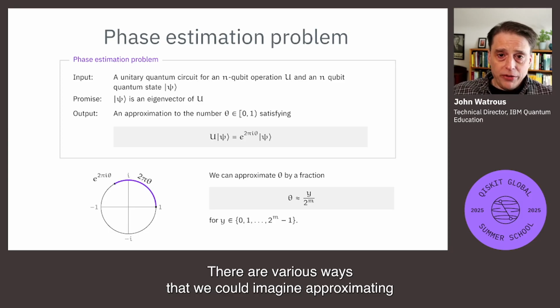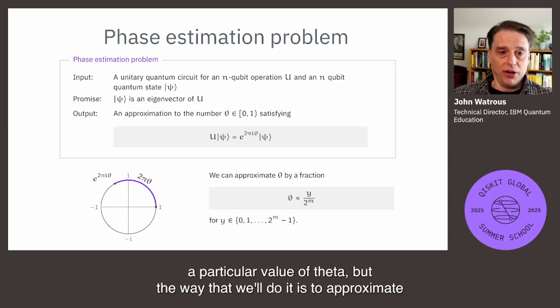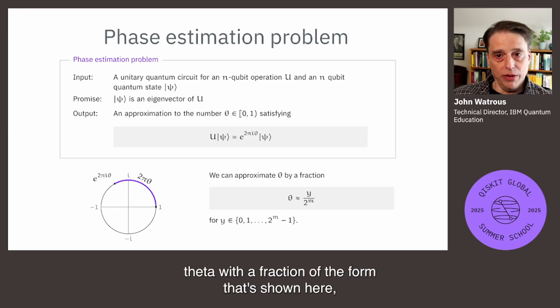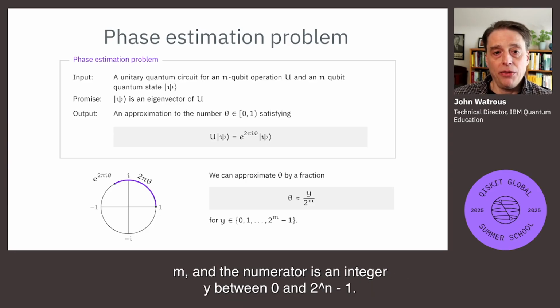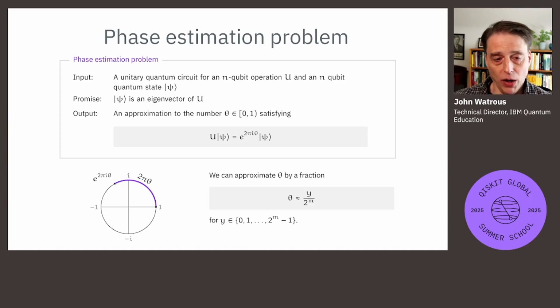There are various ways that we could imagine approximating a particular value of theta, but the way that we'll do it is to approximate theta with a fraction of the form that's shown here, where the denominator is 2 to the power m for some choice of a positive integer m, and the numerator is an integer y between 0 and 2 to the m minus 1.